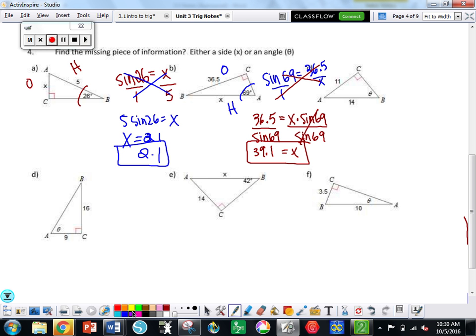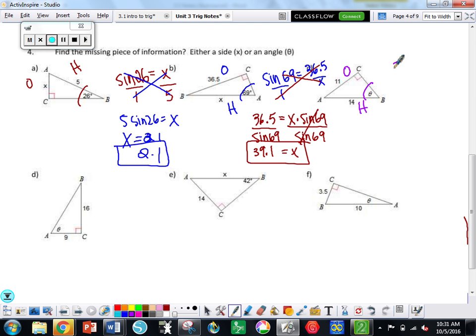Okay, so how is this next one different though? On the next one we're trying to find not a side, we're trying to find an angle. But you start the process the exact same way. It's just how do I solve it that could be a little different. So, based on my theta, the 11 is what? So the 14 is? What's it going to be?